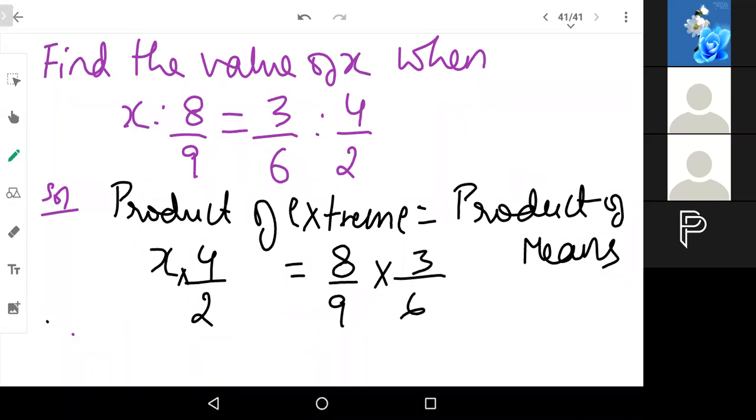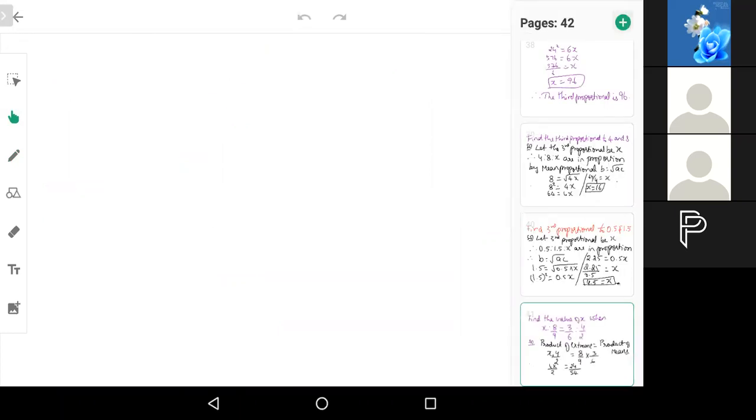Now x into 4 by 2 is 4x by 2, and 8 by 9 into 3 is 8 3s are 24 by 9 6s are 54. Okay, now you can do the cross multiplication. Now we have solved equations, right? You can do the cross multiplication. So what will be your next step?